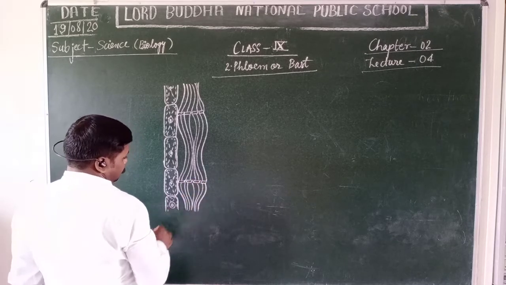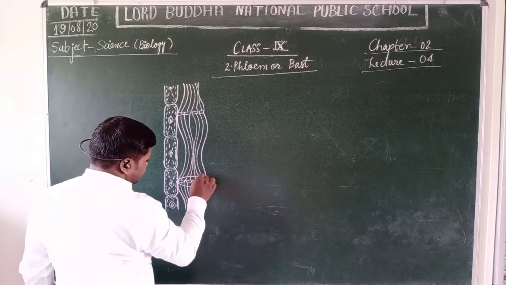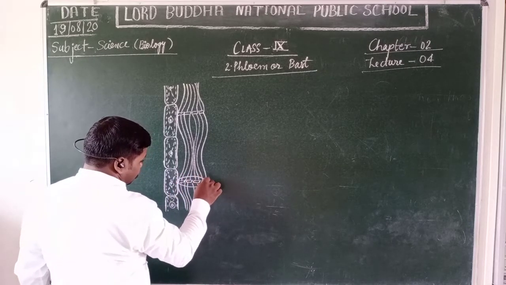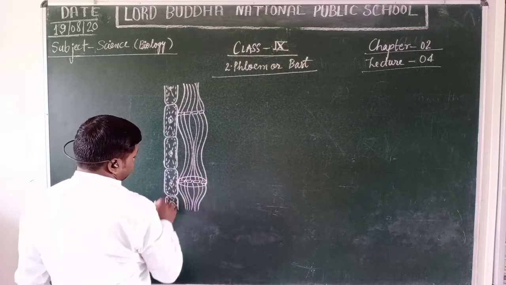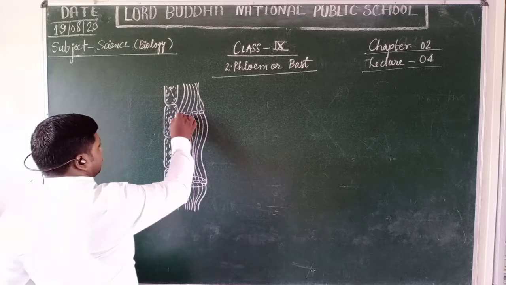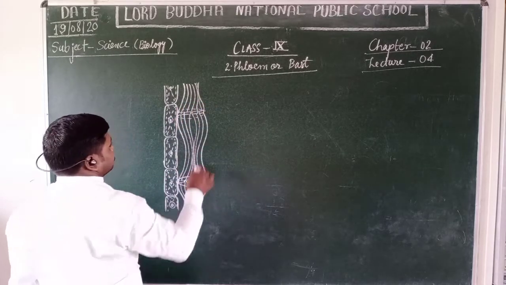These are the structure of sieve tubes, and the sieve plate has an oval-shaped structure inside which many sieve tubes are associated with one another, just as illustrated in the structure.